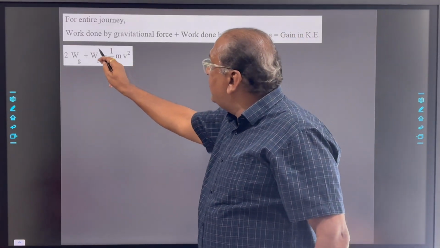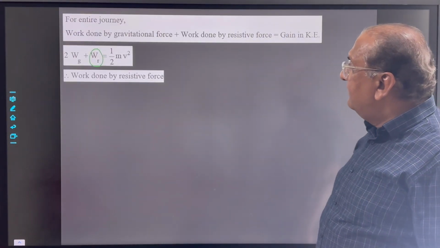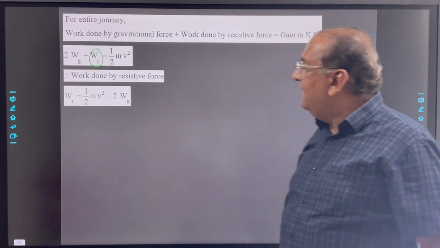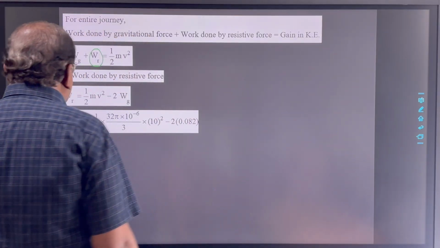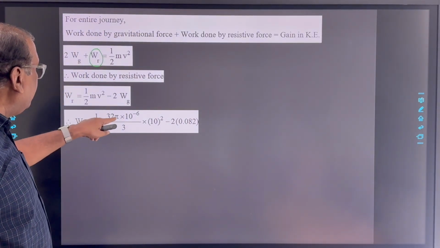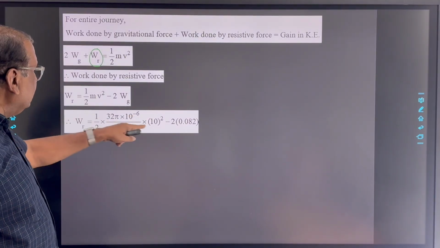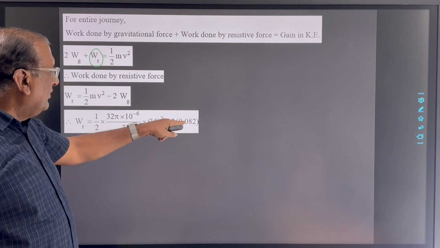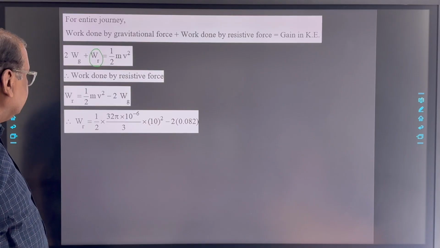Now we want to calculate this W_R. Okay, so make W_R the subject of the equation. So (1/2)mv² minus 2W_g. So W_R is (1/2) × m, that is 32π × 10^-6 by 3, times v², that is 10², minus 2 W_g, where W_g is 0.082 that we calculated previously.